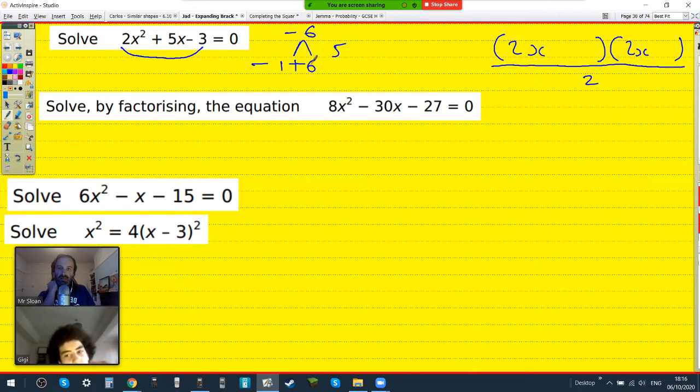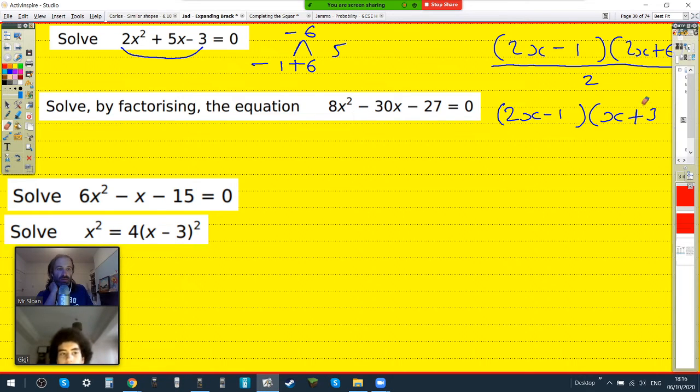And so what are the brackets? Minus 1, 6. Which bracket do you simplify? The one on the right. What do you get? You get 2x minus 1 and x plus 3, and that's equal to 0.